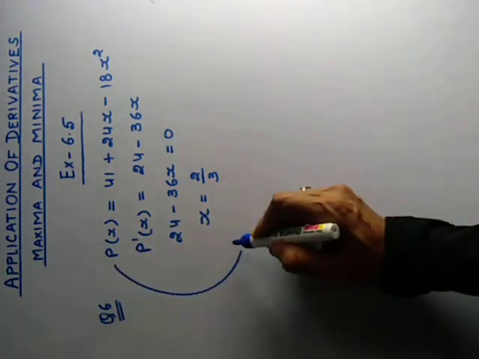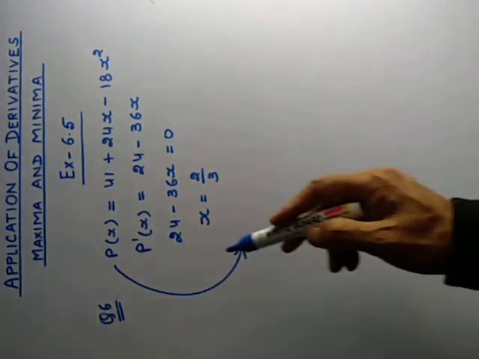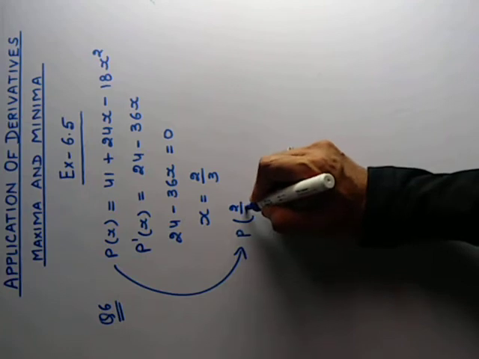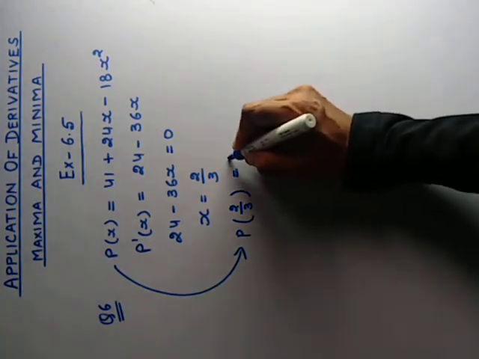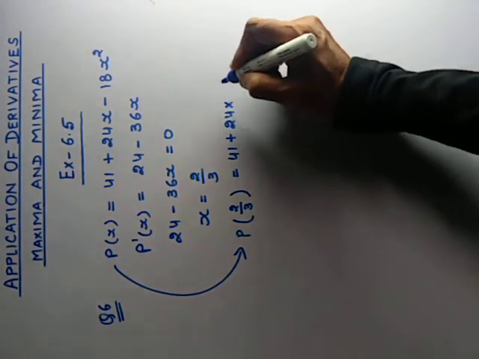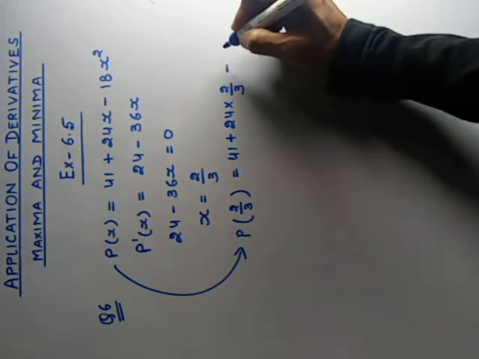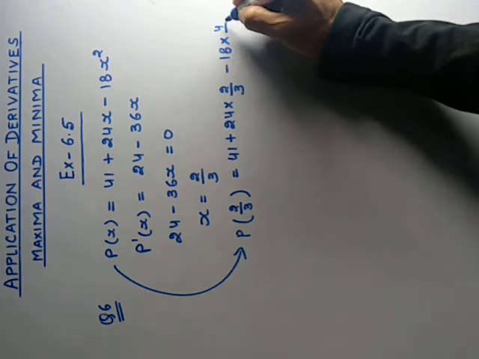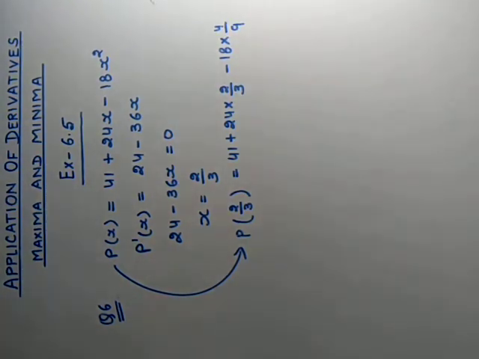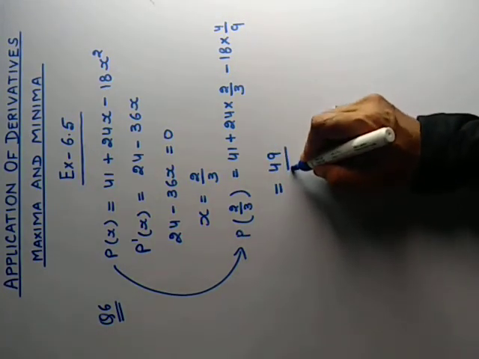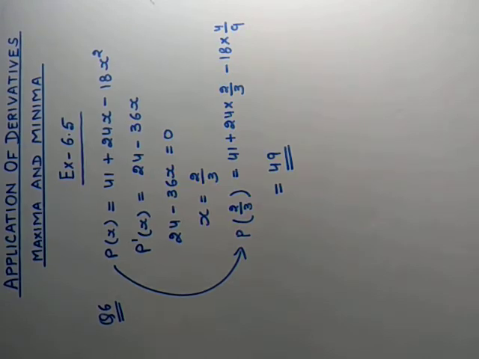Now in the profit function, in place of x we will put 2 by 3. So it will be 41 plus 24 into 2 by 3 minus 18 into x square, that means 4 by 9. After solving it, we will get 49, which is the answer, that is the maximum profit.